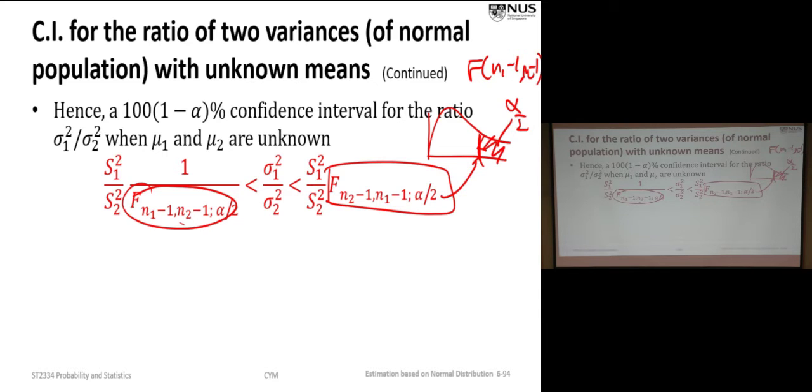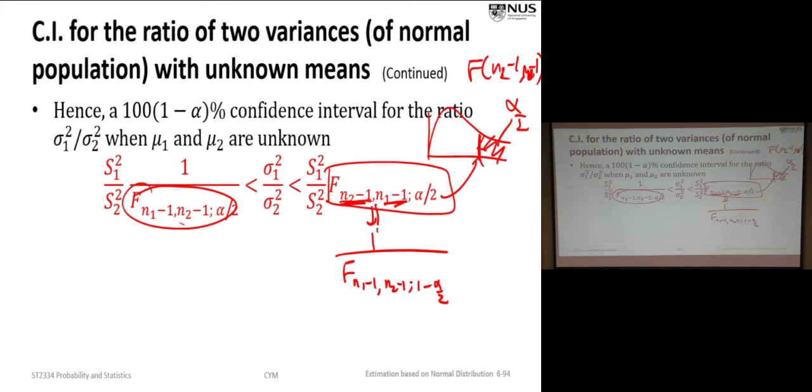I reversed the order. So it's n2 minus 1 and n1 minus 1. In fact, the correct expression should be 1 over F with n1 minus 1, n2 minus 1, 1 minus alpha over 2. But these two are the same.